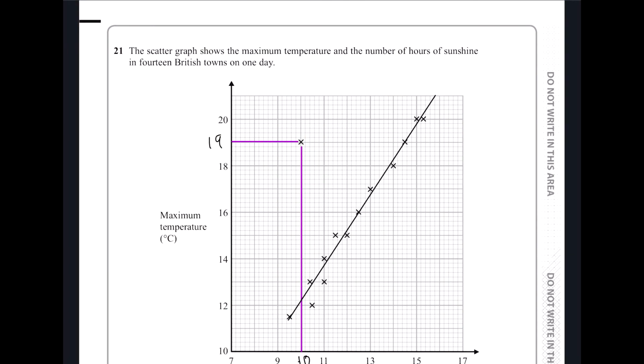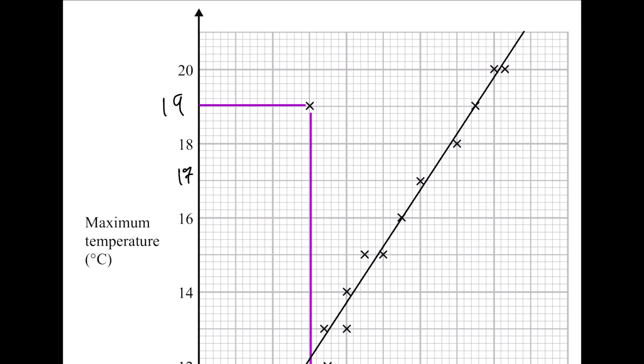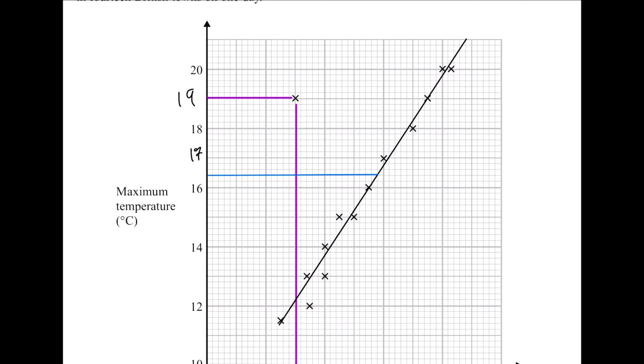If this is 17, then there are 5 spaces, so each one goes up in 0.2. So 16.4 would be the second point. So let's draw that here, somewhere like here. See where it hits our line, and then draw down like this.